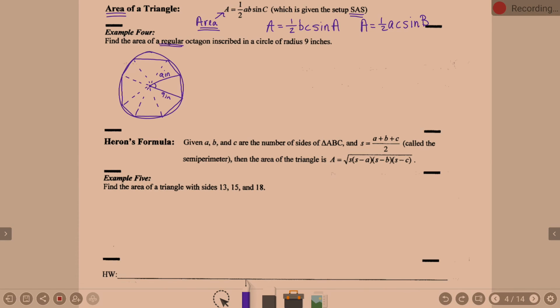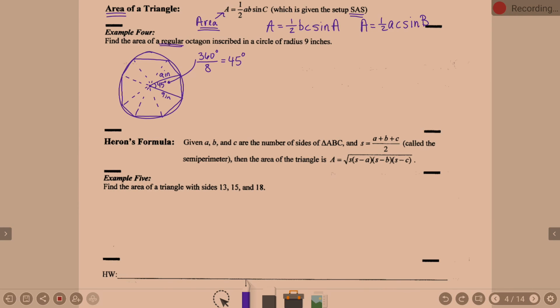And why 45? Because 360 divided by 8. It's a full circle, so that's 360 degrees divided into 8 pieces. So this is going to be 45 degrees. I'm going to write it up here, 360 divided by 8 is 45 degrees, for when you look back at this later and say, what? How did we get 45?